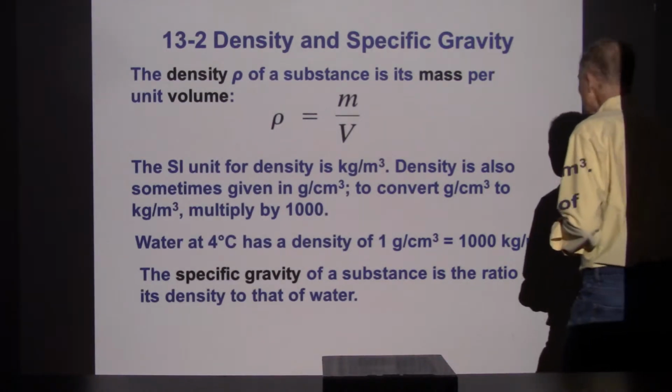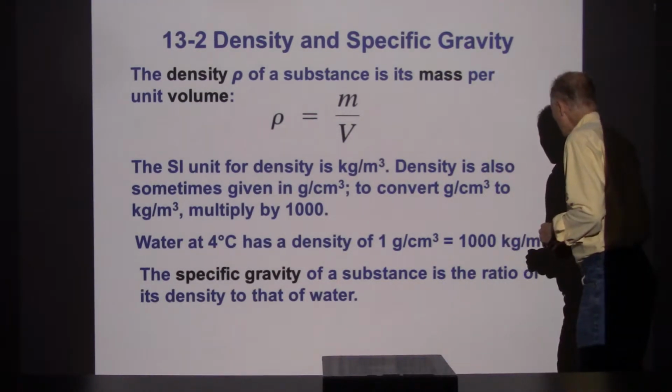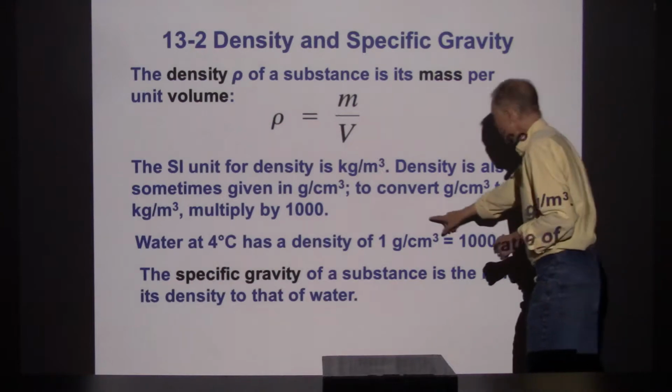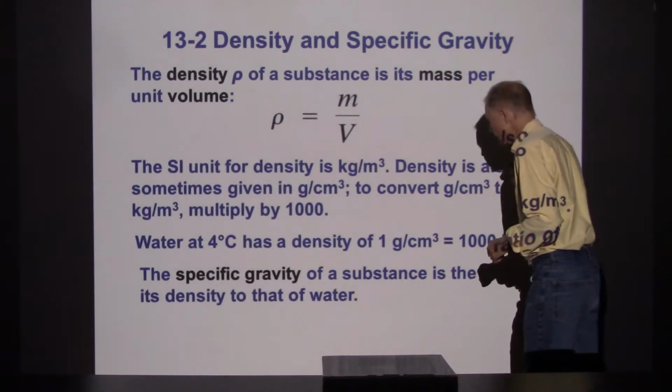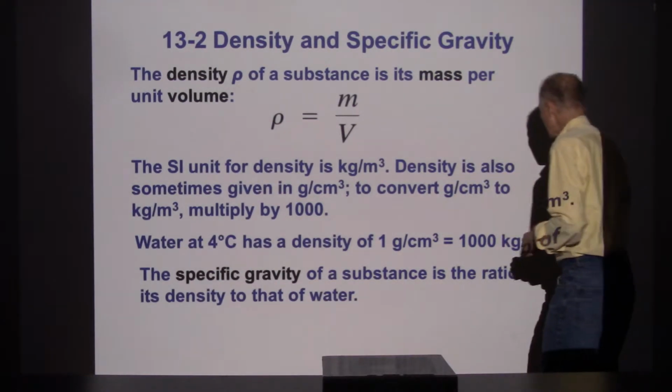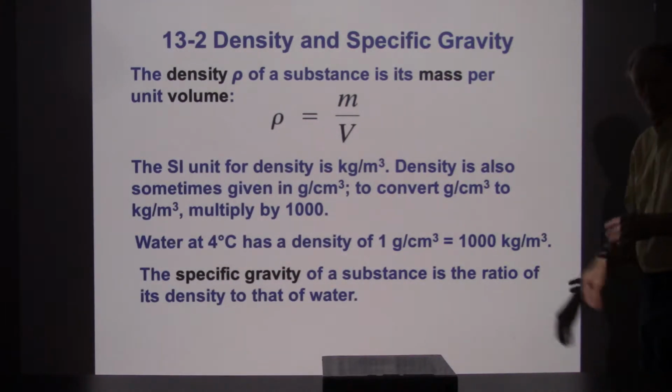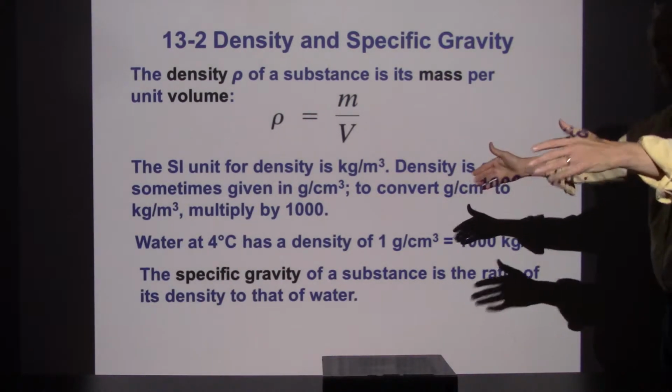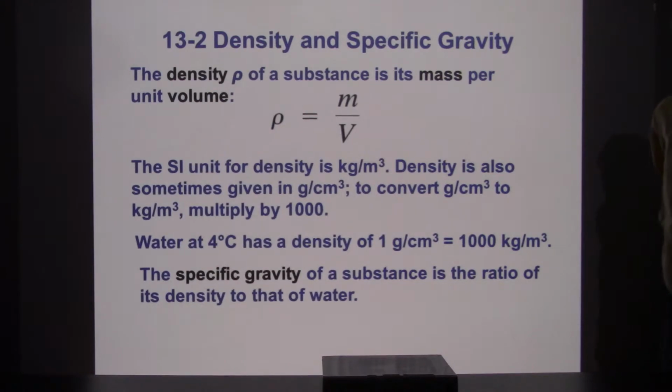A cubic meter is a really good sized volume. And so when we do the conversions of both centimeters into meters and grams into kilograms, it turns out that if I have a cubic meter of water, its mass is 1,000 kilograms. That's a ton of water, a metric ton of water. So that's a big difference.